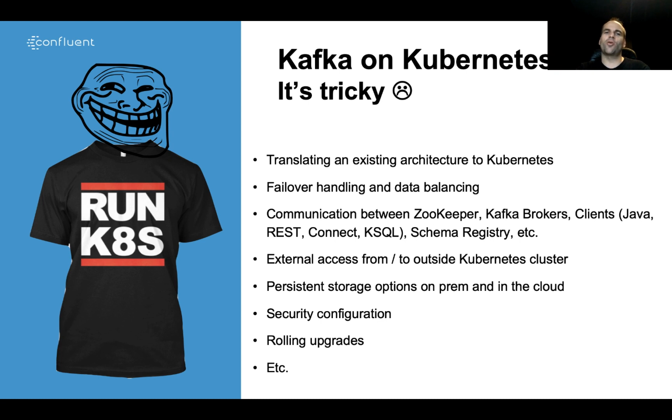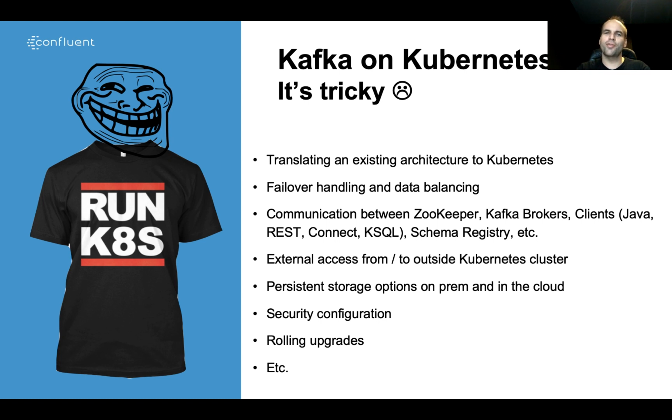And then also connect all the ecosystems to each other. How to provide access to external services which are running on another Kubernetes cluster, or maybe even in a mobile app, and connect that to the Kubernetes cluster. How to provision and connect the persistent storage options. How to automate security and the certificates. How to do rolling upgrades and to do configuration changes in Kafka.